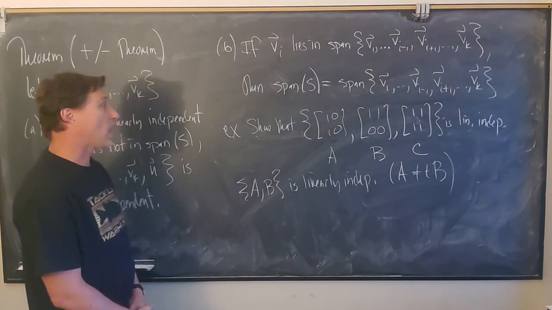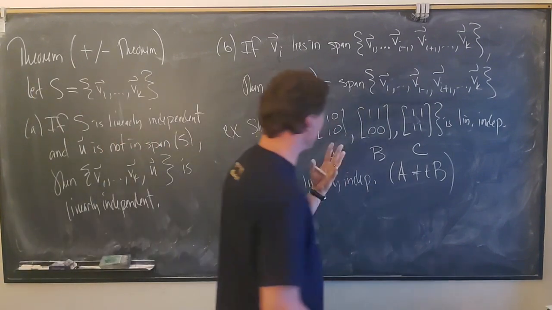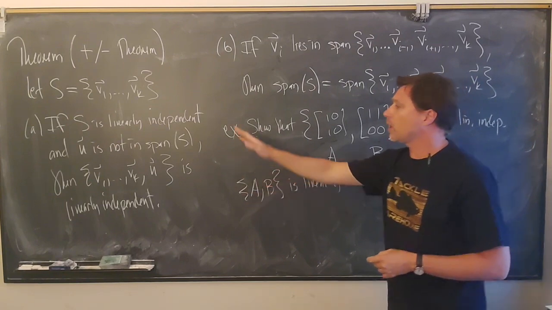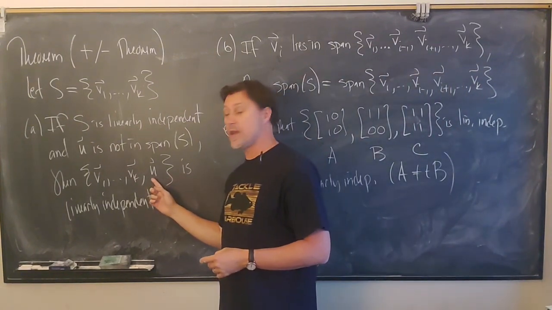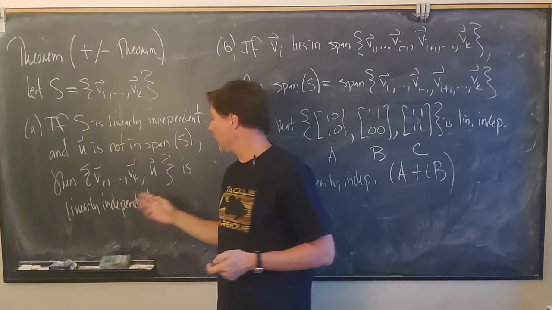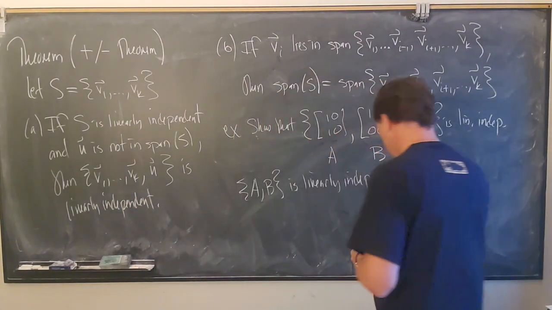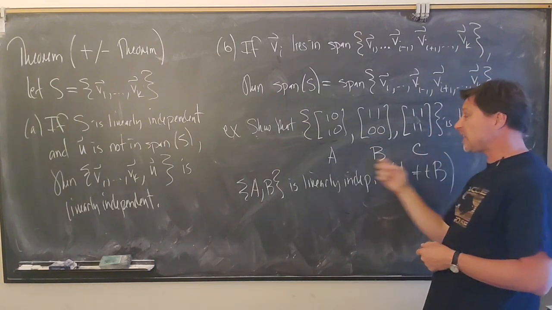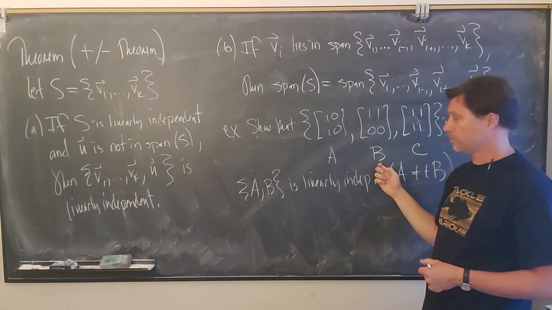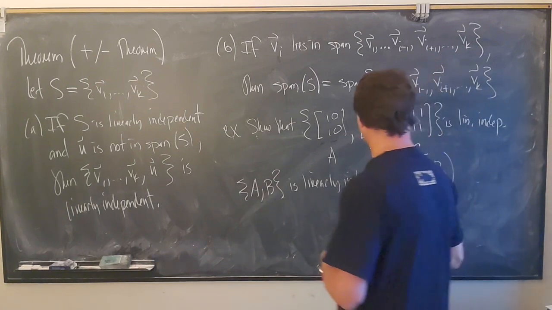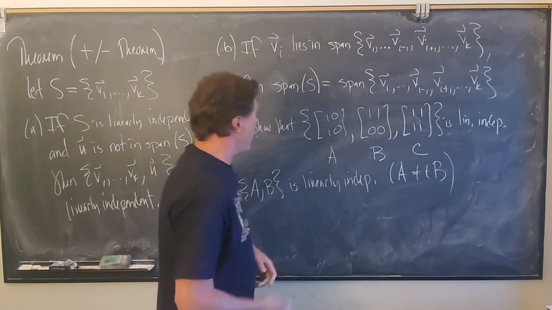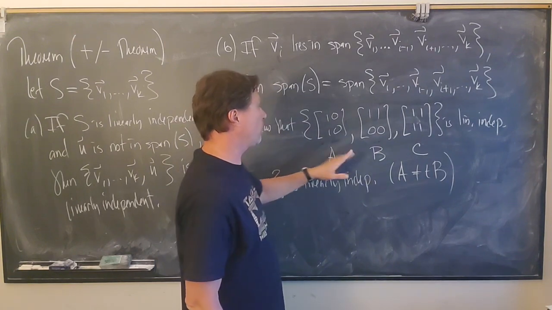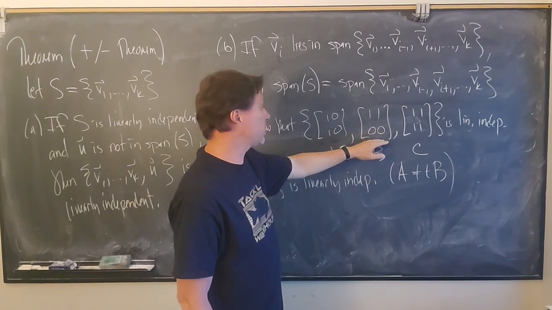Okay, so now I want to use the plus minus theorem, and I'm going to use part A. I've got a linearly independent set, and part A tells us when we can throw another vector into the set and remain linearly independent. So what needs to happen? We need to make sure, in this case, that C is not in the span of A and B. So let's think about the span of A and B. It'll be some constant times the first matrix, plus some constant times the second matrix.